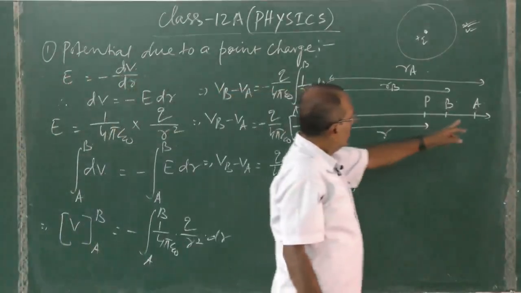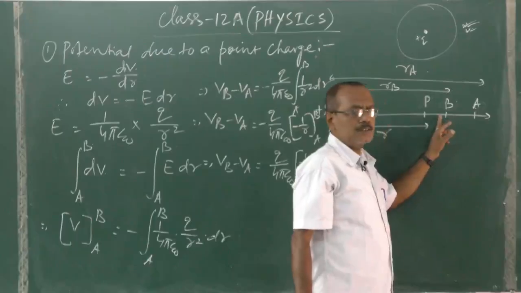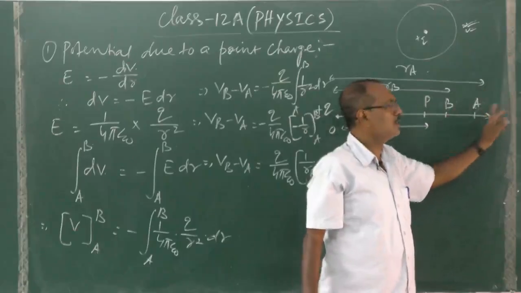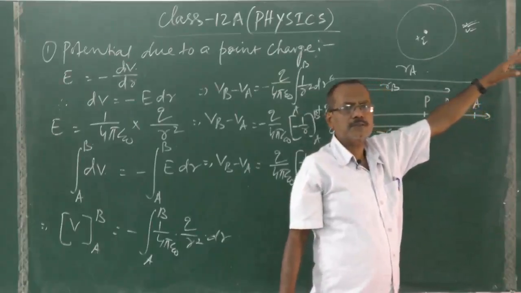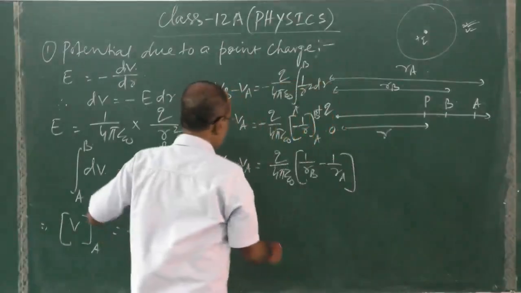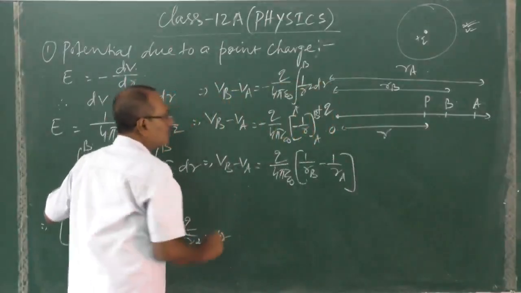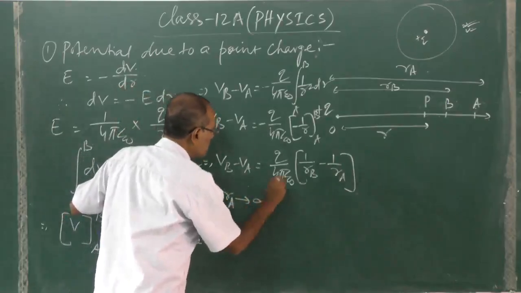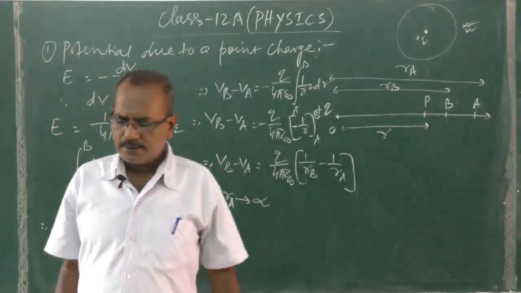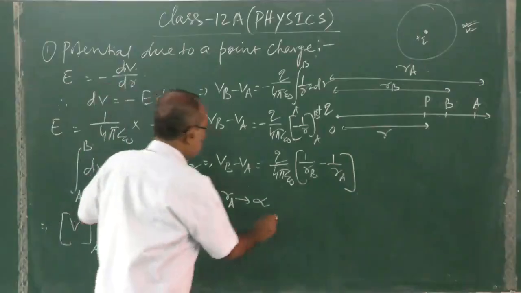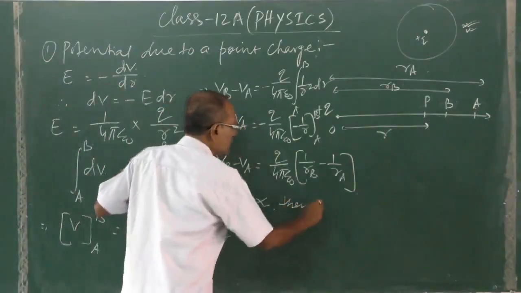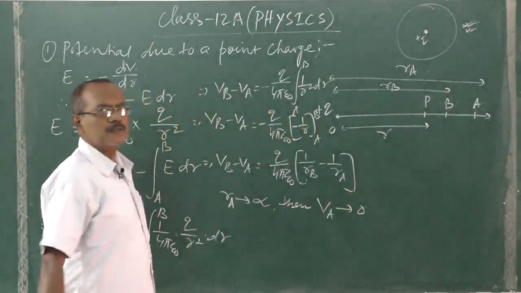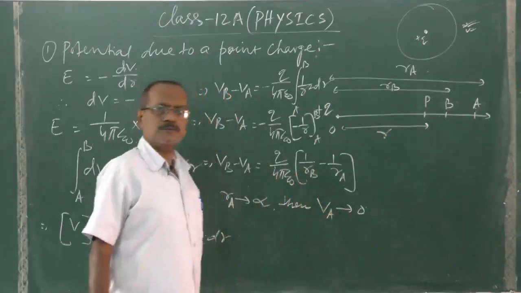As we move point A away, RA tends to infinity, so VA tends to 0.